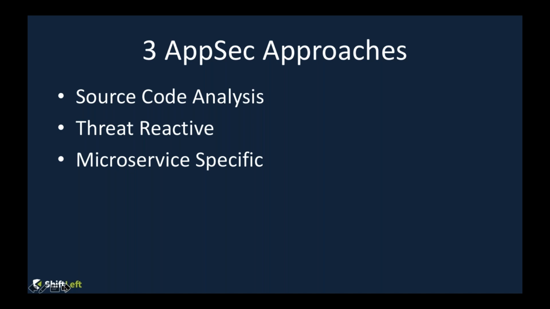And the third approach that we're going to introduce is the microservice-specific approach: understanding the specific attack surface of your microservice and creating security that is specific to that version of that microservice. So as new versions evolve, your security evolves with it.